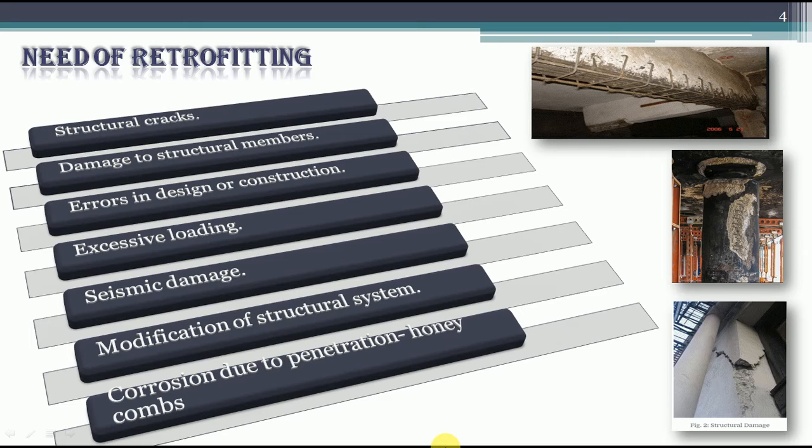So, before converting the auditorium to the industrial building, we have to retrofit the building to meet the requirements of an industry. The next problem is the corrosion due to penetration of the surrounding water into the RCC structural elements. It leads to corrosion of the steel inside.